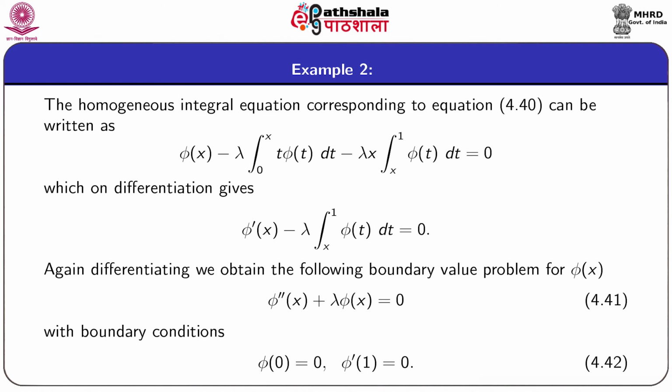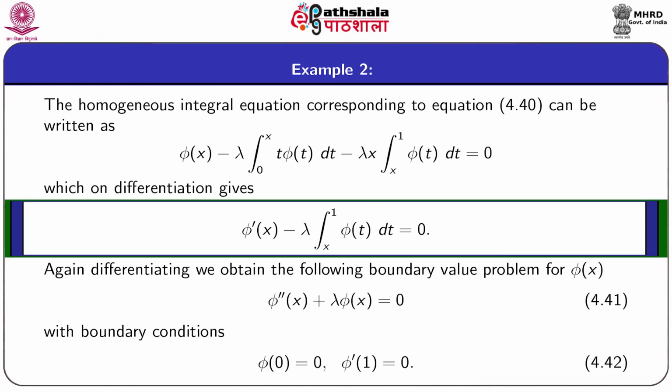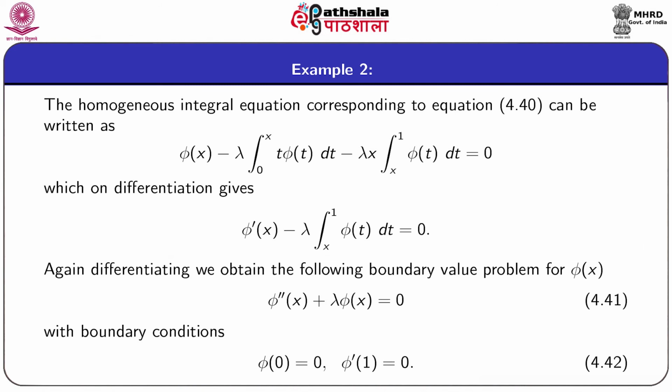This on differentiation gives phi'(x) minus lambda integral x to 1 phi(t) dt equal to 0. Again differentiating, we obtain the following boundary value problem for phi(x): phi''(x) plus lambda phi(x) equal to 0, as given by equation 4.41, with the boundary conditions phi(0) equal to 0 and phi'(1) equal to 0, as given by equation 4.42.